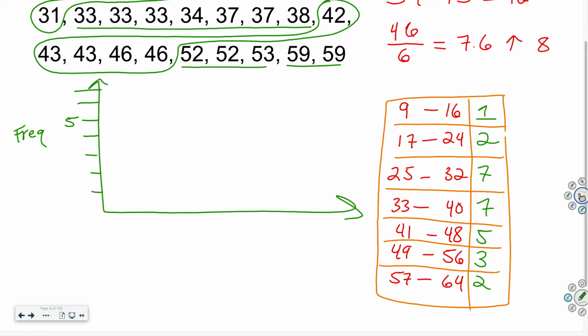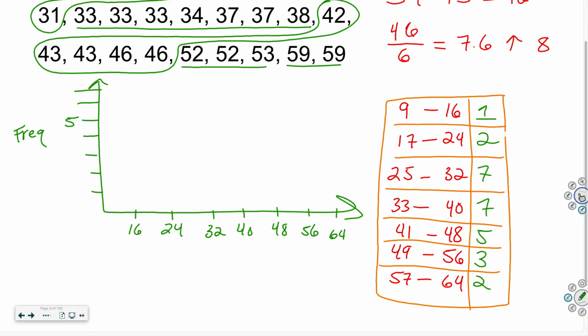When we write our intervals, we're only going to write the high end of the intervals. Okay, so 16, 24, 32, 40, 48, 56, 64.